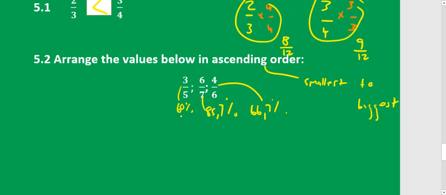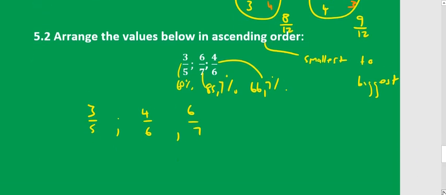Okay, so obviously the one with 60% is the smaller fraction, followed by 66.7, and the biggest fraction would be 6 over 7. So to compare fractions, just convert them to percentages, multiply them by 100, and then it will be easier to compare and check which is bigger than which.